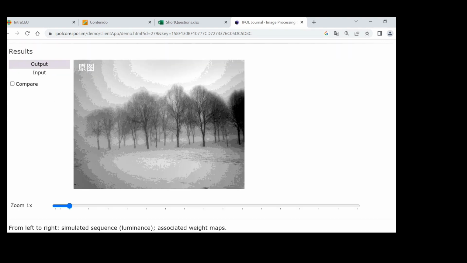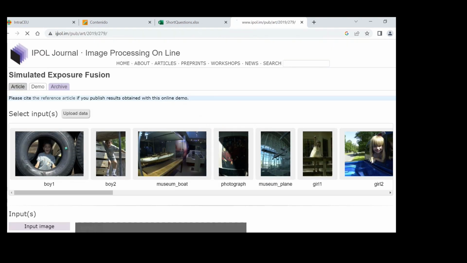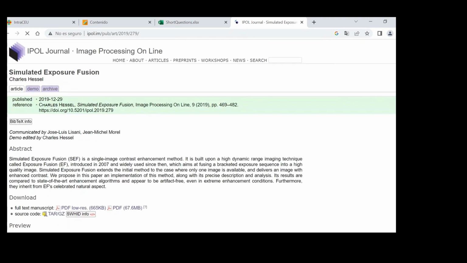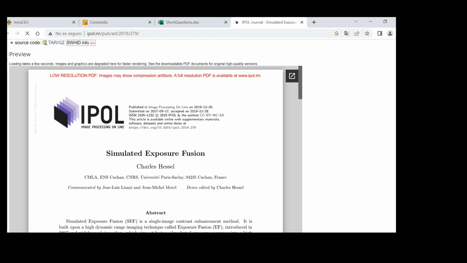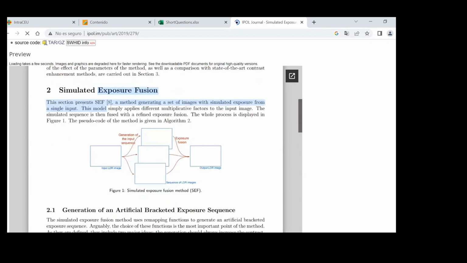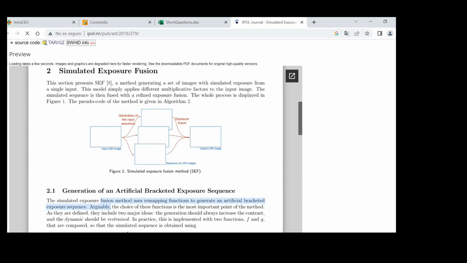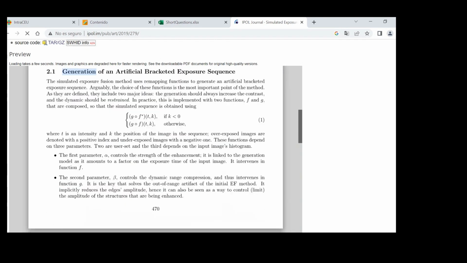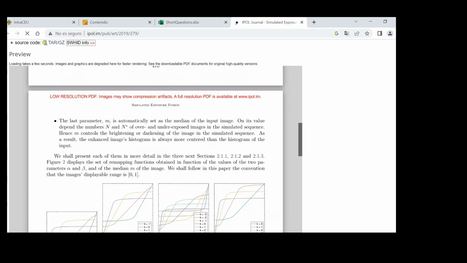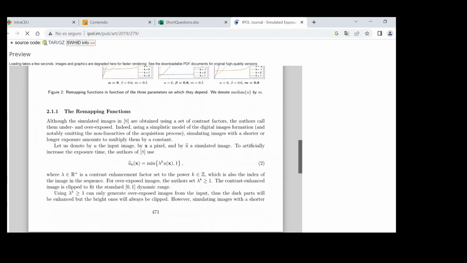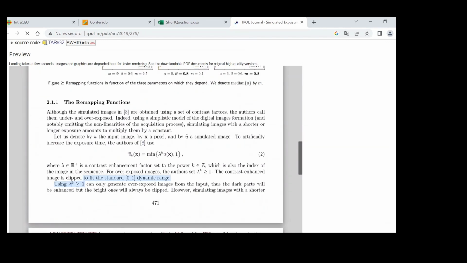So what is alpha? You go to the article, and you see they have the same kind of system representation that I was doing. They explain what k is.